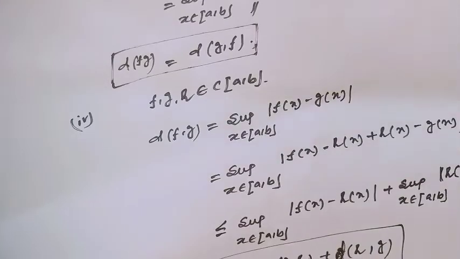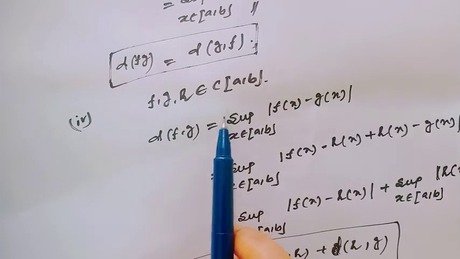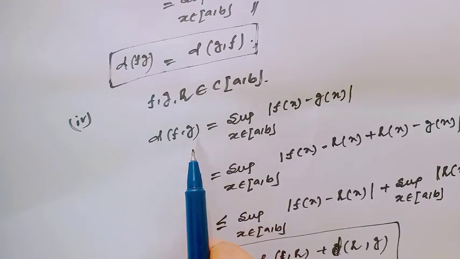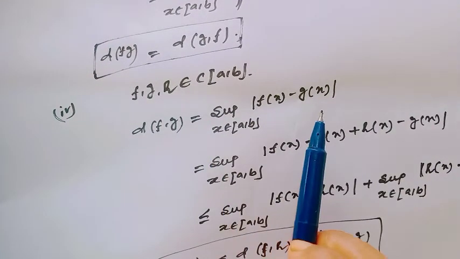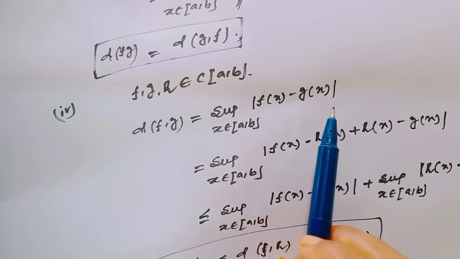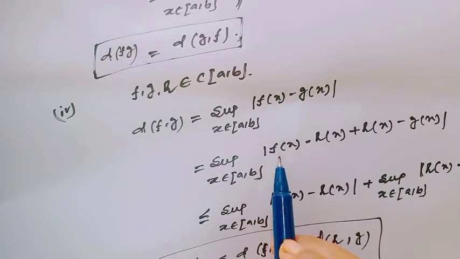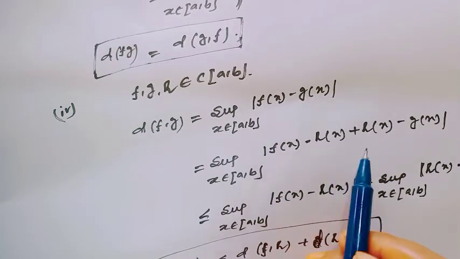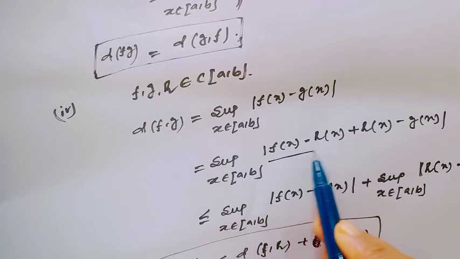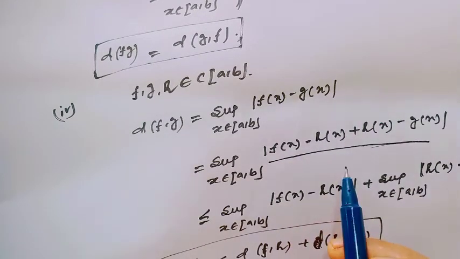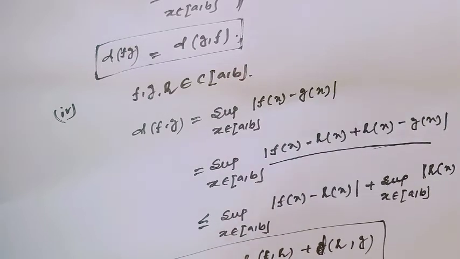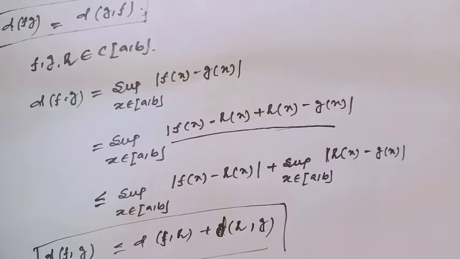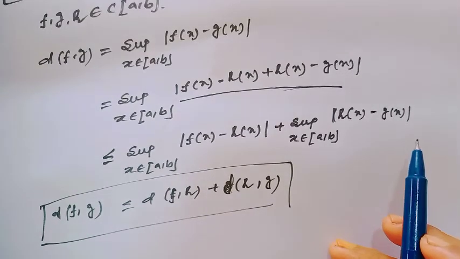For the triangle inequality, consider three functions f, g, h belonging to C[a, b]. Then the distance of f and g is defined as the supremum over x in [a, b] of the absolute value of f(x) minus g(x), and we can write this as the absolute value of f(x) minus h(x) plus h(x) minus g(x). Now applying the triangle property, this is less than or equal to the supremum of the absolute value of f(x) minus h(x) plus the supremum of the absolute value of h(x) minus g(x).